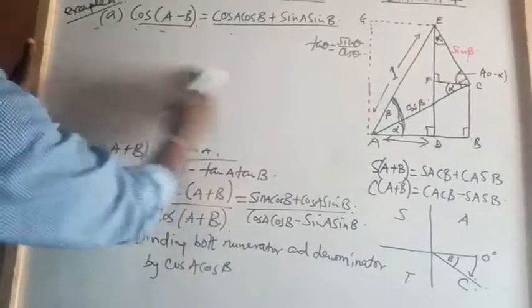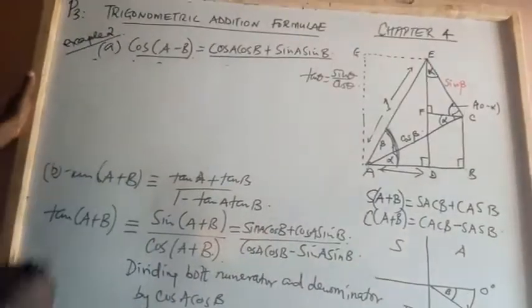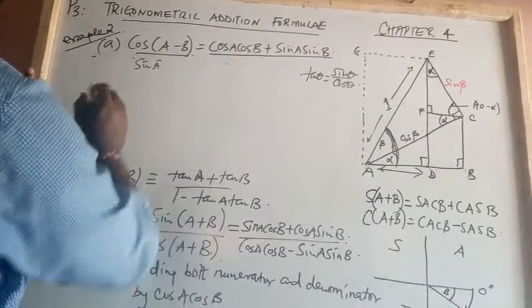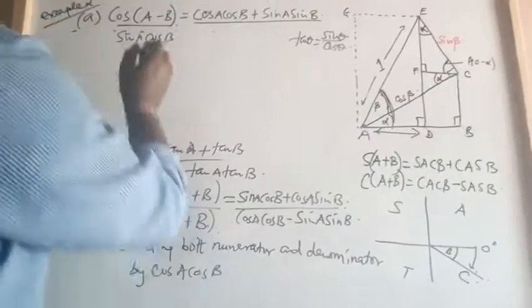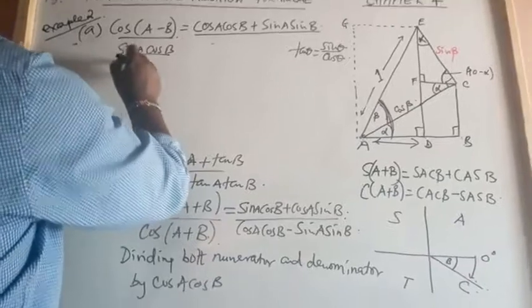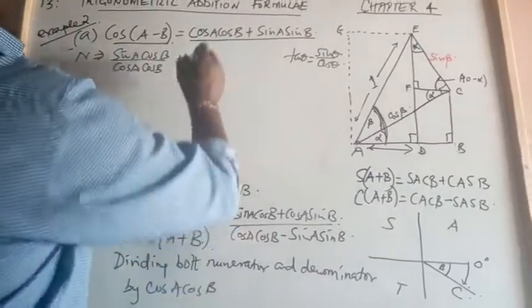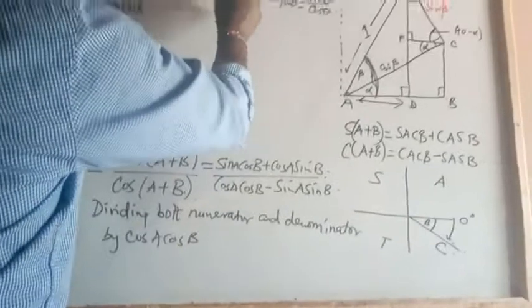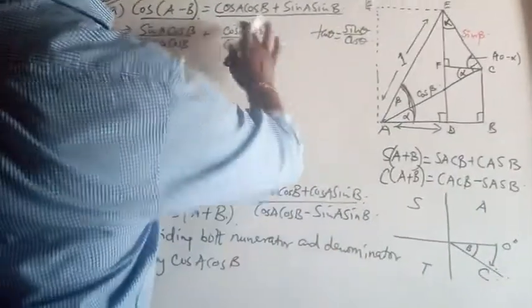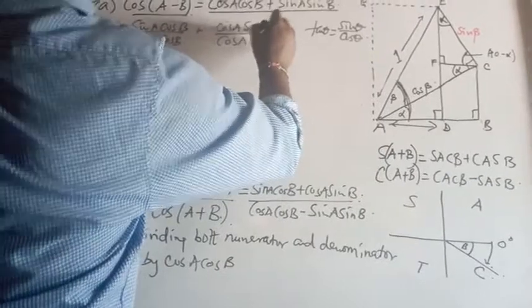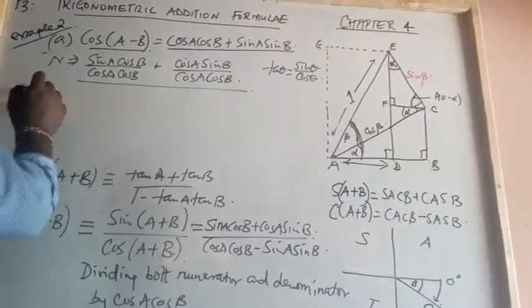The numerator is sin A cos B all over cos A cos B plus cos A sin B all over cos A cos B. What about the denominator?